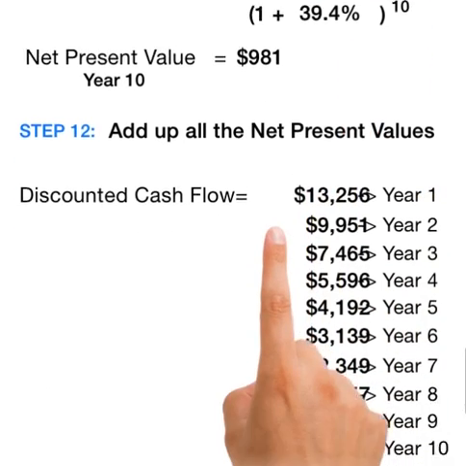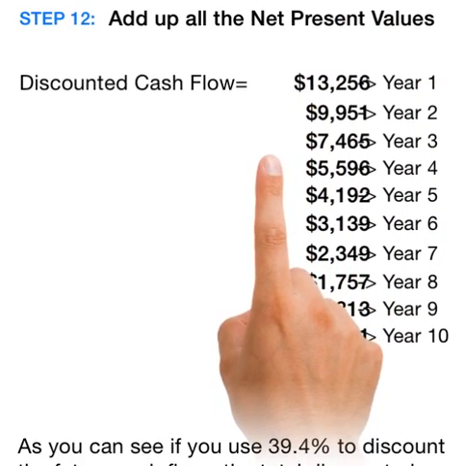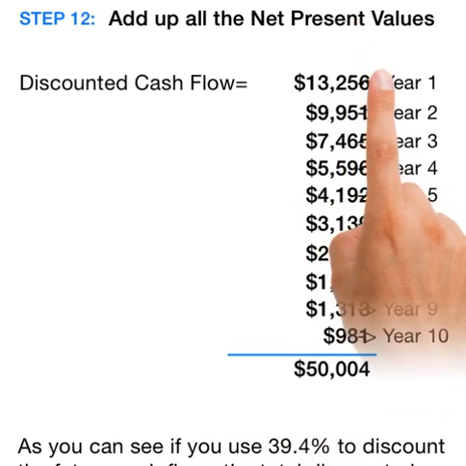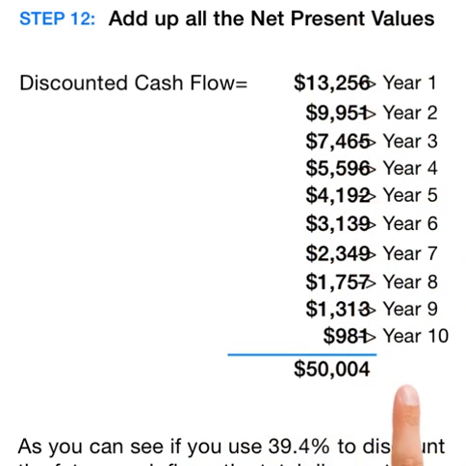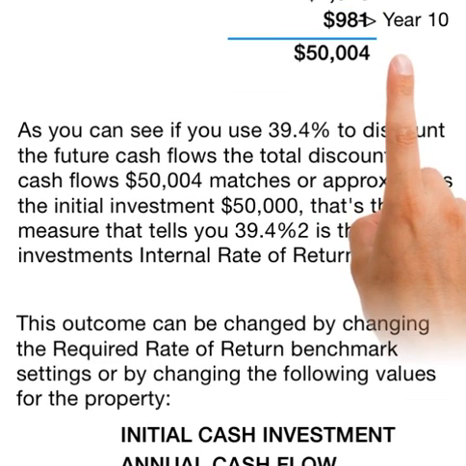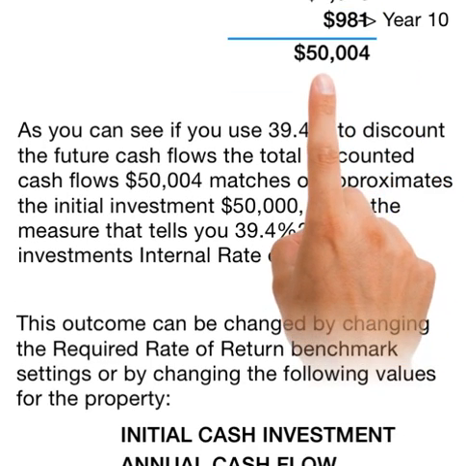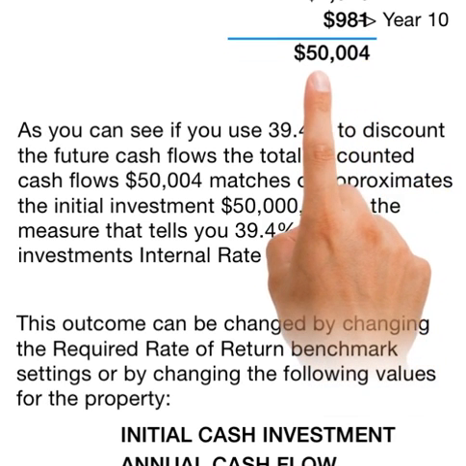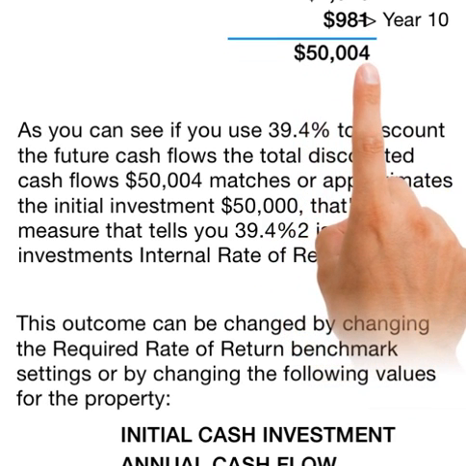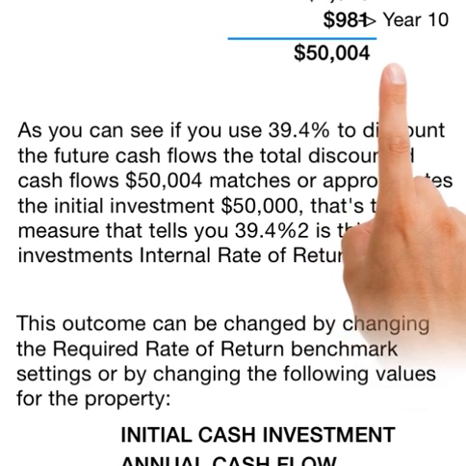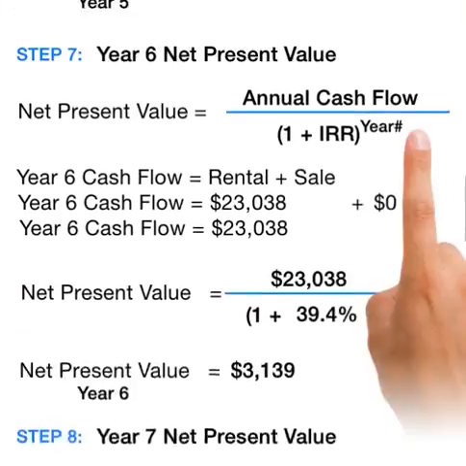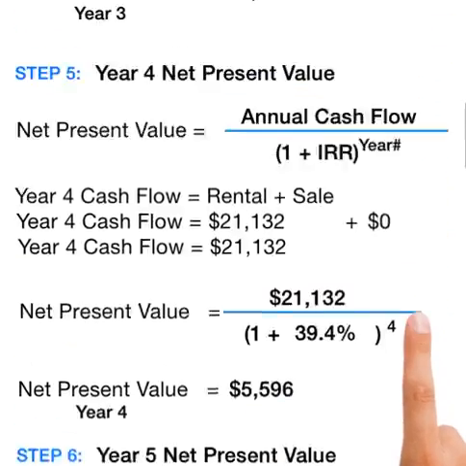And then the next step is to add up all the net present values that we had calculated. So we add them up, and when we add up all these cash flows, it gives us $50,004, which is the exact amount that we had invested in the first place.